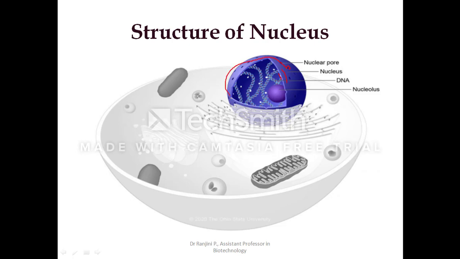This encloses a thread-like structure called chromatin reticulum, associated with basic proteins, that is histones, and a fluid-like material called nucleoplasm. In the nucleoplasm, along with the chromatin reticulum, you'll find a densely stained structure called the nucleolus.